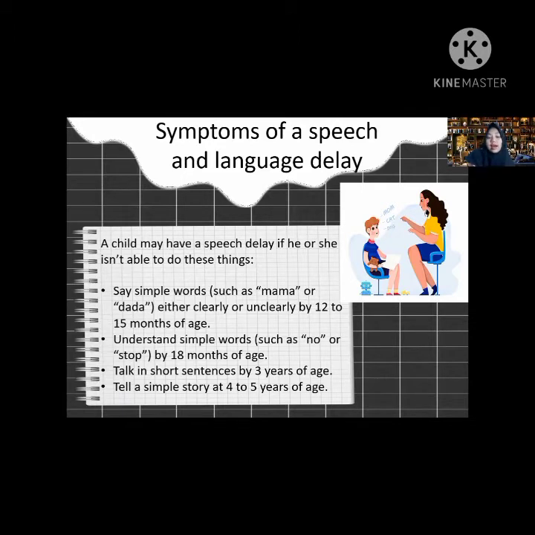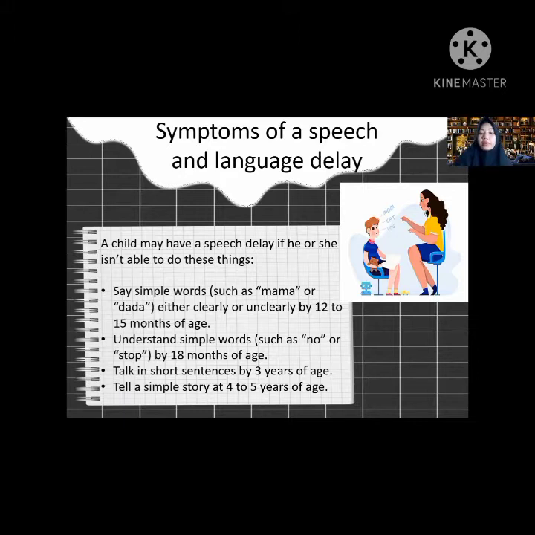And the second is understand simple words such as no or stop at the age of 18 months. Next, talk in short sentences at the age of 3 years old. And the last one is tell a simple story at the age of 4 to 5 years old.